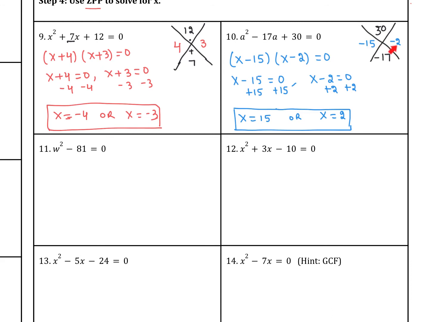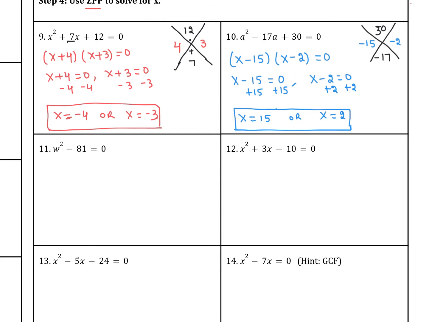Negative 15 times negative 2 is positive 30. Negative 15 and negative 2, when you add them, is negative 17. Put them into factors one by one, and then put them equal to 0, one by one. Add 15, you get x equals 15. Add 2, you get x equals 2.